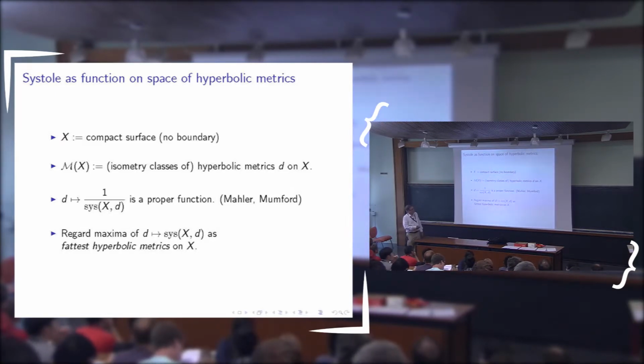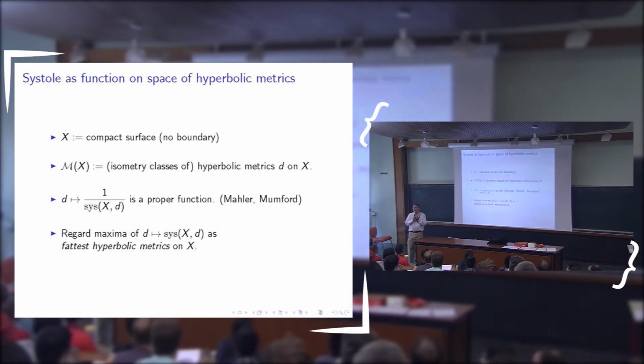Why are you calling it a ratio? It's just a systole. Where's the ratio? Did I say ratio here? Yeah. Where did I say ratio? Systolic ratio. Okay. Oh, I said systolic ratio before. Well, okay, so yes, the point is for hyperbolic metrics, hyperbolic means curvature minus 1, so it tells you that the volume is a fixed constant, independent of the metric, right?